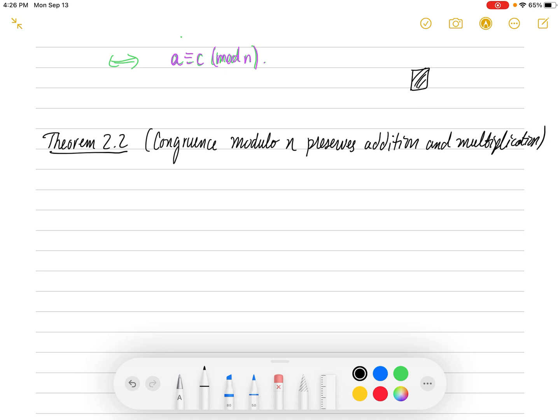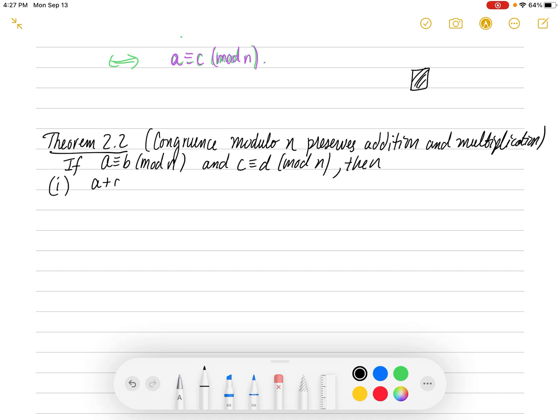So we saw that the congruence mod n triple bars kind of acts like an equal sign. And in this theorem, we're going to show it even acts more like an equal sign with the plus and the multiplication operation. So let's say if A is congruent to B mod n, and C is congruent to D mod n, then there are two conclusions we can come to from this assumption.